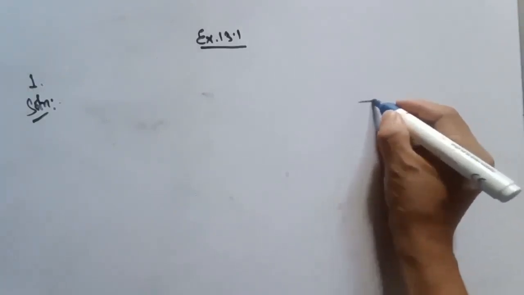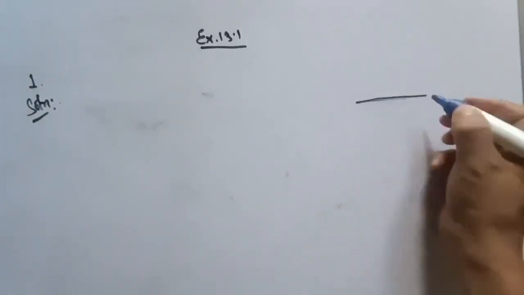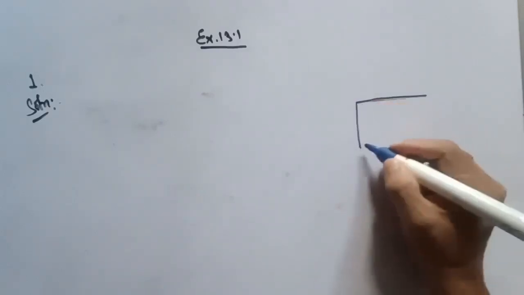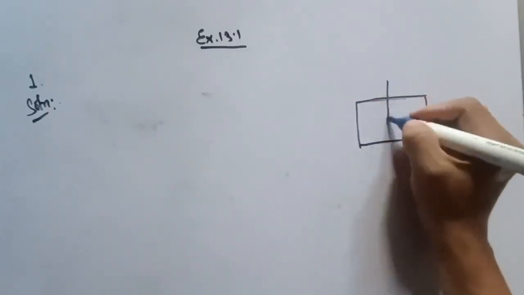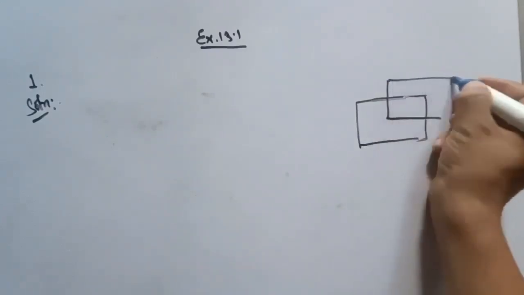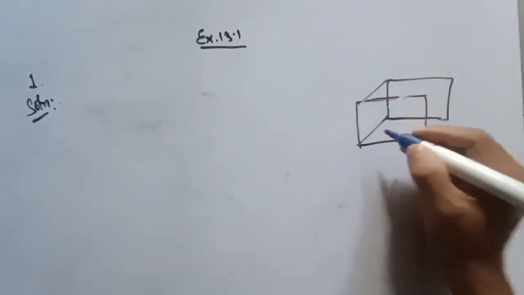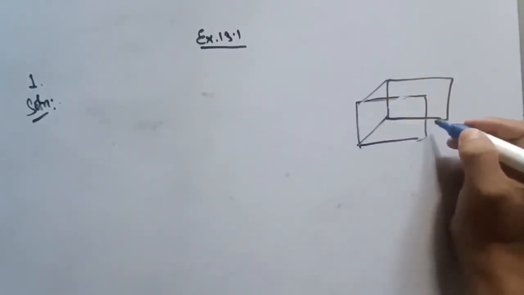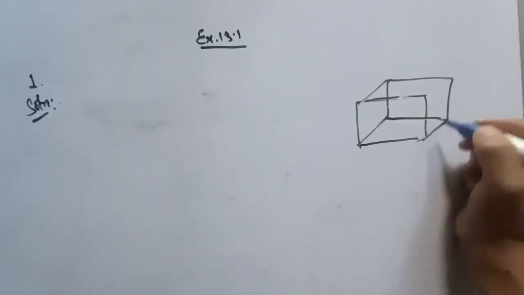So question number 1, solution. In the question it is mentioned that we are to make a plastic box which is in the shape of a cuboid and its dimensions are 1.5 meter long, 1.25 meter wide and 65 centimeter deep.